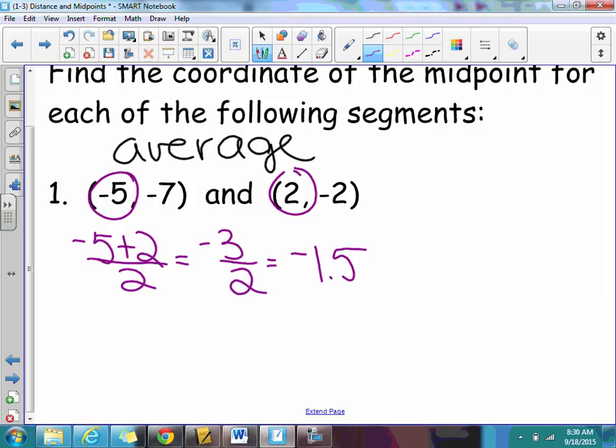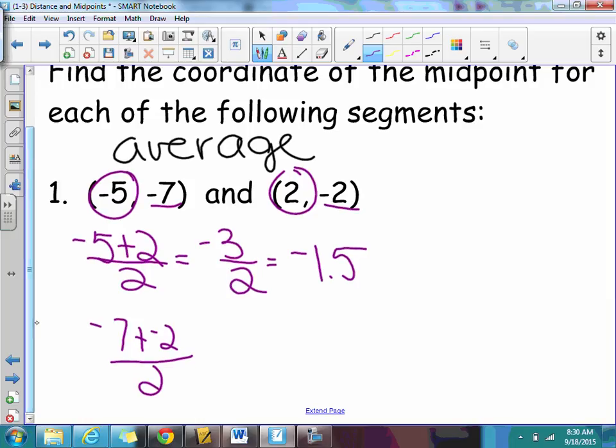Then my y's, -7 plus -2, average them. -7 plus -2 is -9, divided by 2 is -4.5.